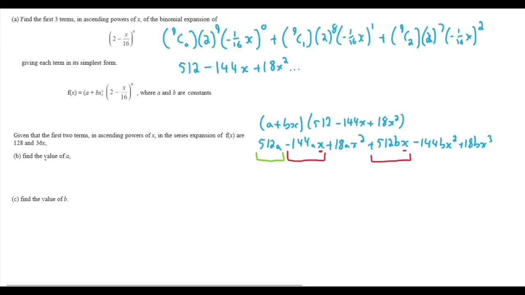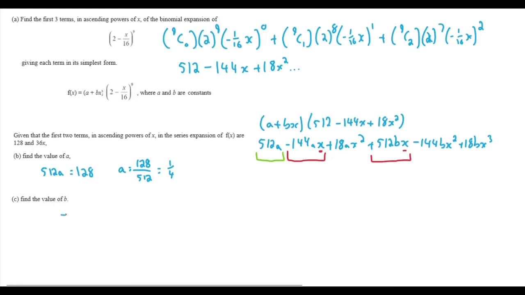So in terms of the first term, because we already have that just as a single thing, we're saying that this 512a, that's the same as the 128. Therefore, we can say that a will be 128 divided by 512, which is going to get us a simplified value of a quarter.